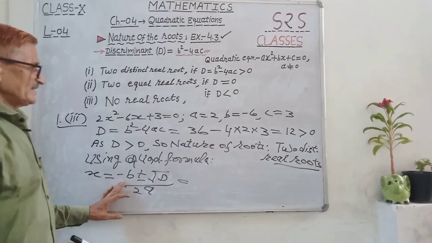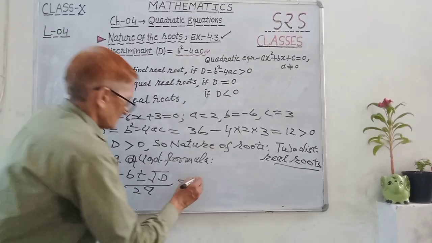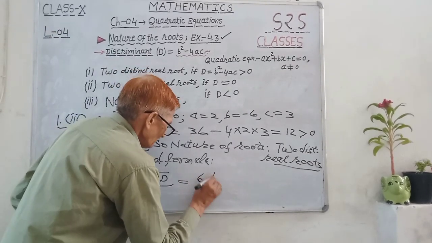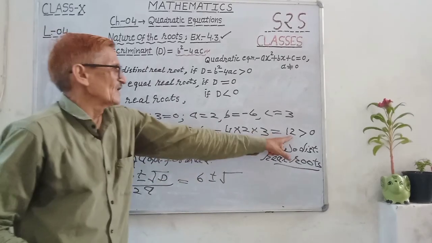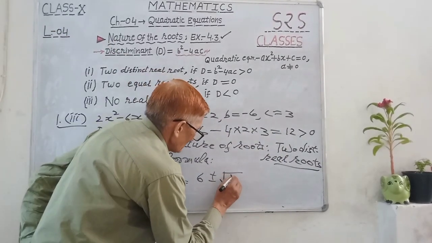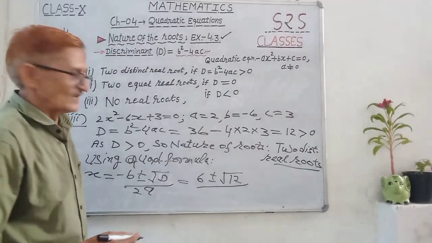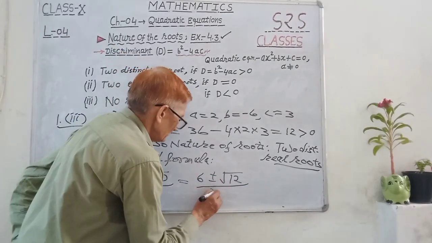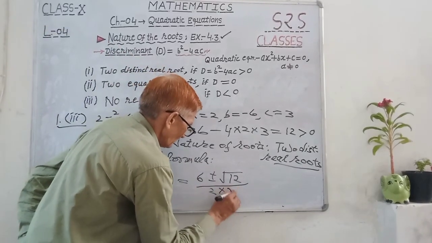Then minus b, b is minus 6, so it becomes 6, plus minus square root of d. The d value is 12, the discriminant b square minus 4ac, so root 12, upon 2 into a, which is 2 into 2.